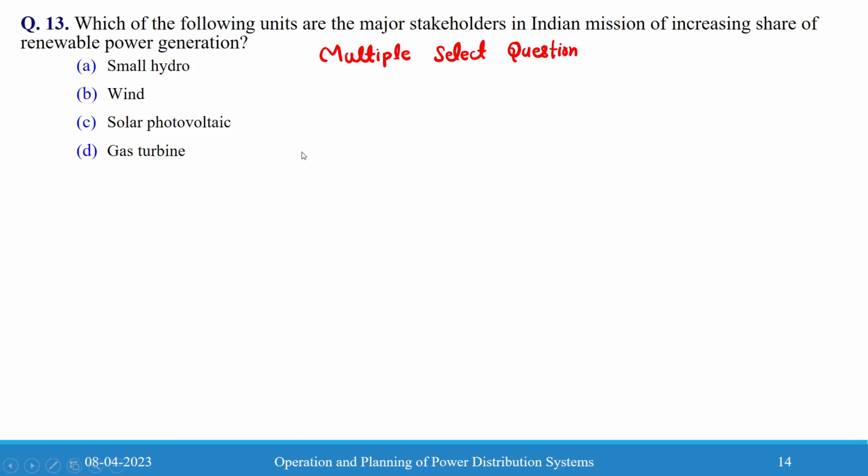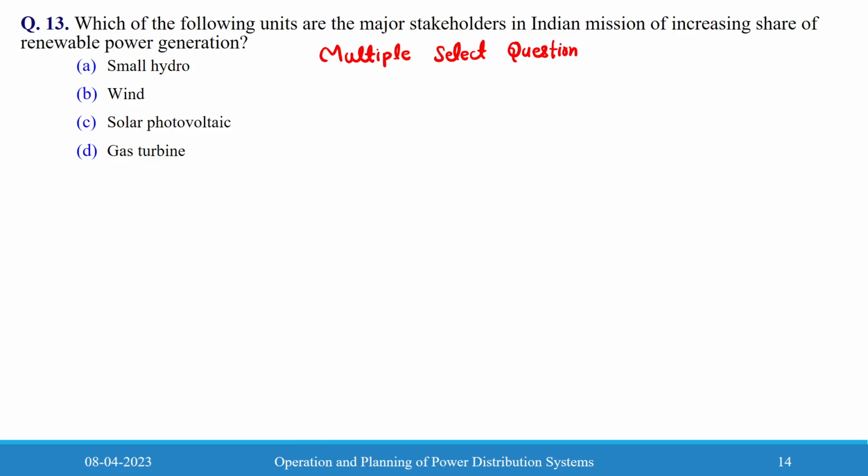As we all know, approximately 30% of the total installed generation capacity in India comes from renewables, and out of these, wind and solar photovoltaic are the major stakeholders. They contribute the most among all the renewable energy sources.